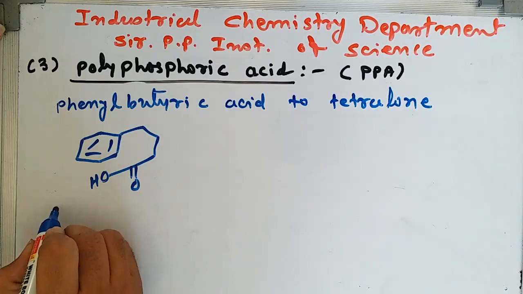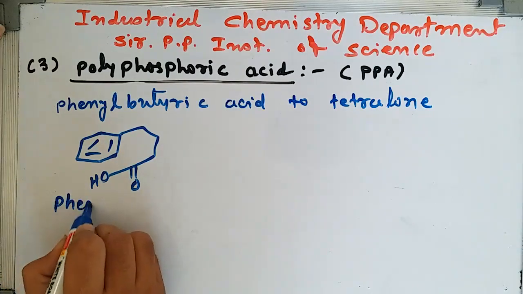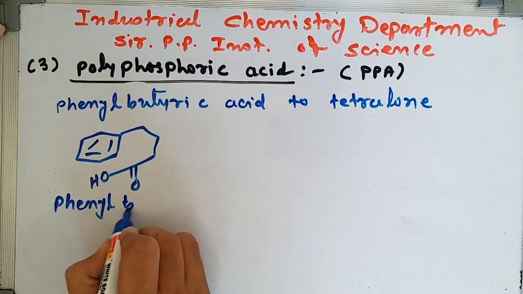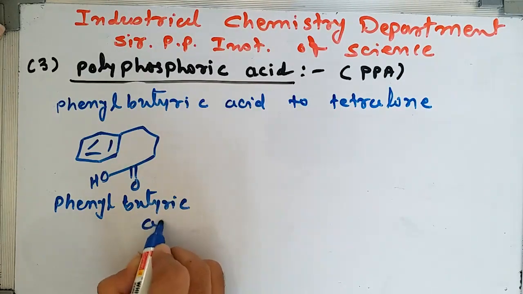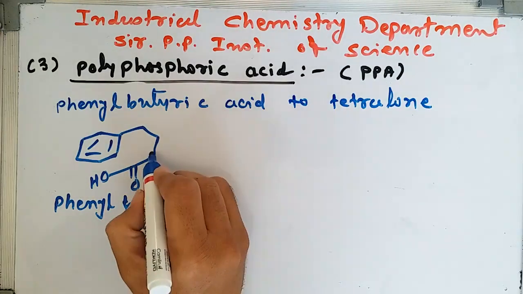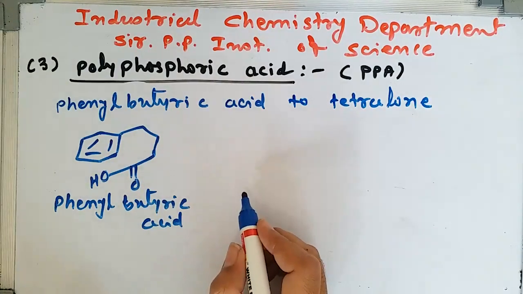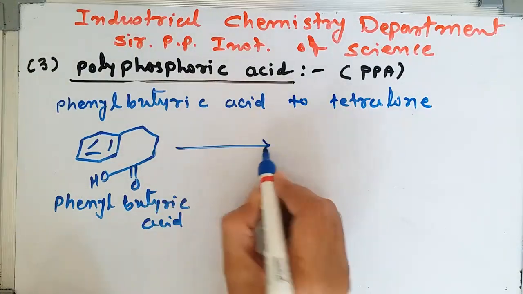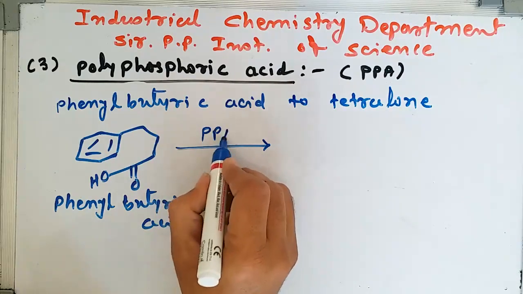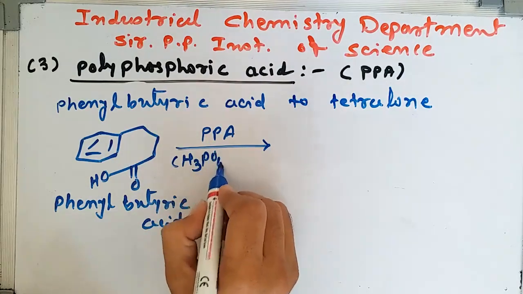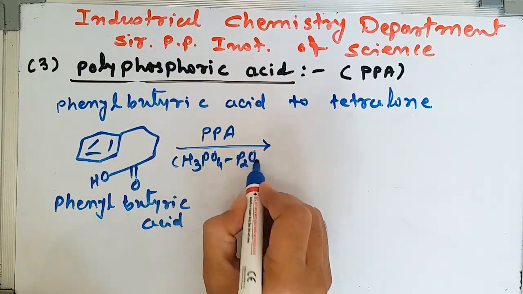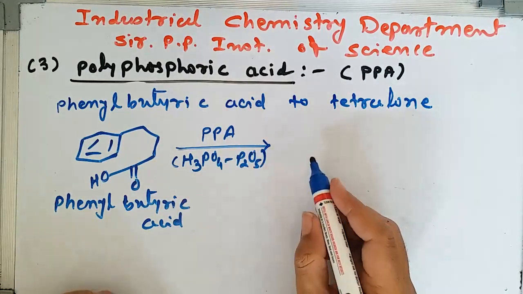This is phenyl butyric acid. It is treated with polyphosphoric acid, or a mixture of H3PO4 and P2O5.